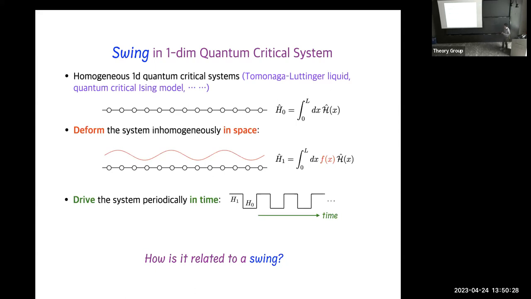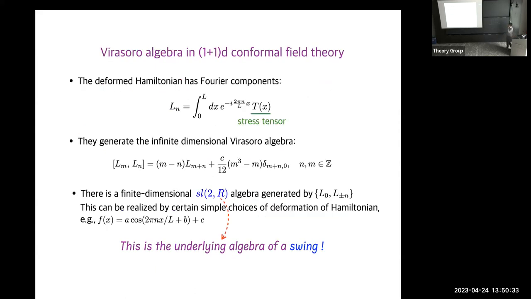Okay, we can understand this relation in the following slide. So first, we want to emphasize when we deform the Hamiltonian density, then we can have some Fourier component of the deformation. For example, here T is the stress tensor in a conformal field theory. If you look at the Fourier component of the deformation, we define some operator which we call Ln.